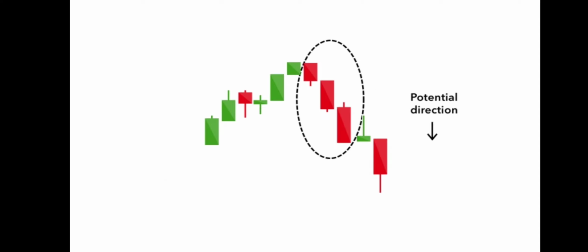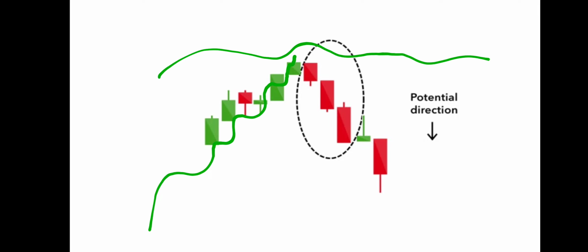Three black crows. You have heard about the three white soldiers. This is the three black crows, and the difference is it occurs after a long uptrend or maybe near the resistance area.